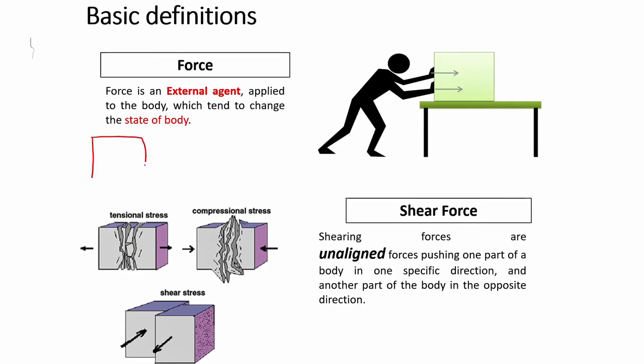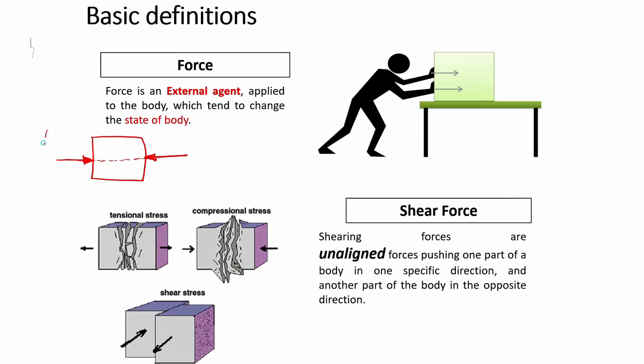and the normal force. Let us consider this is a box, and here I am applying one force here, another force I will apply here. Now you can see this force's line of action is passing through the other force, means this is ending towards this one, and this is ending towards this one.